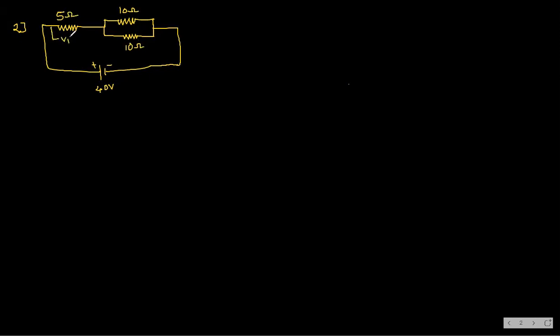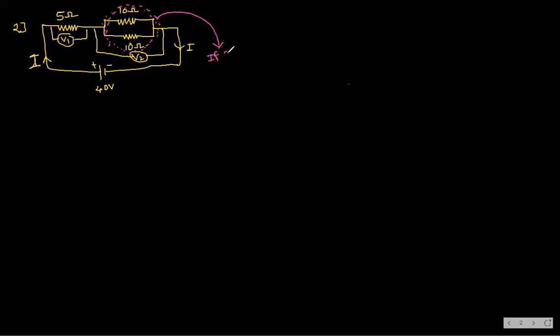Here V1 is across this 5 ohm, and across this parallel combination you have V2. You have to find three things: first the current I, and then V1 and V2. I will give a little hint. These two are in parallel, with the same resistance connected in parallel.